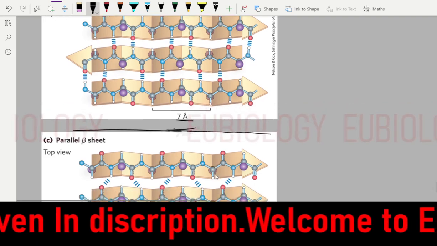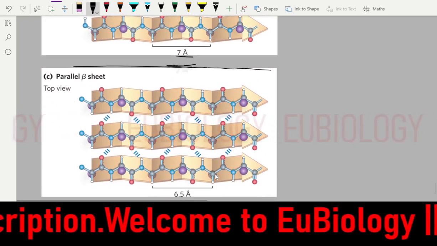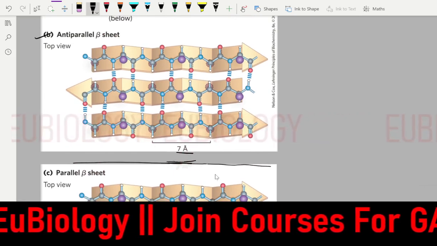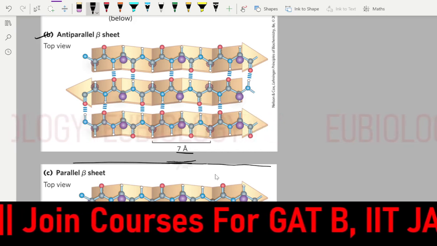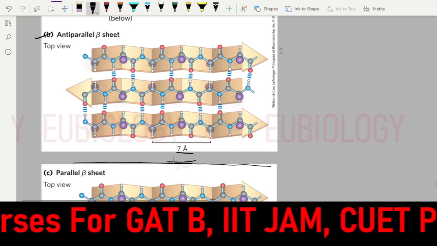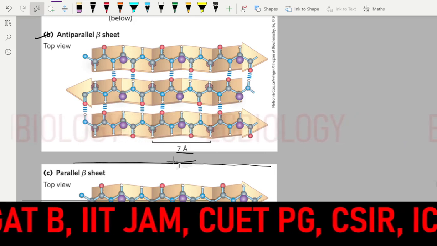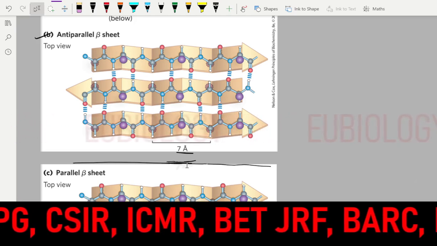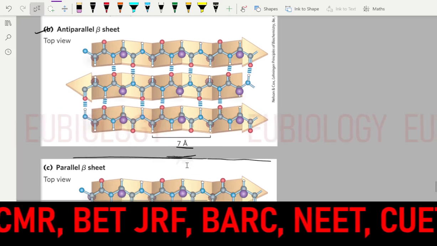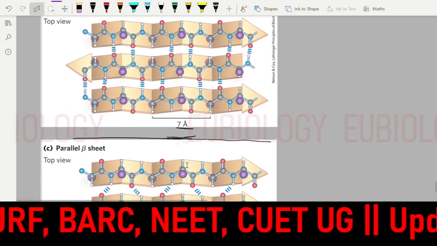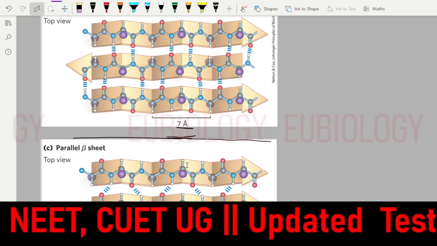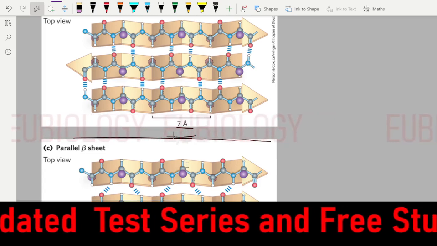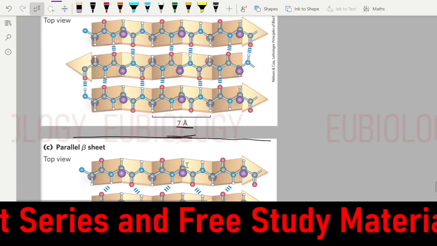If your answer is parallel, then it's absolutely not correct, because mostly nature selected the anti-parallel beta sheet in organisms. It has a more spacious 7 angstrom repeat, the repeat sequences are a little far away, so their stability will be more. There will be less restriction between the molecules, and they can settle easily.